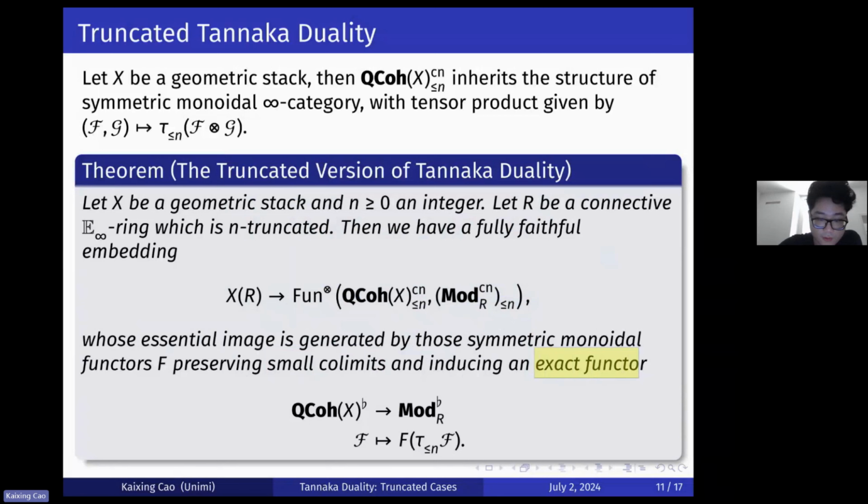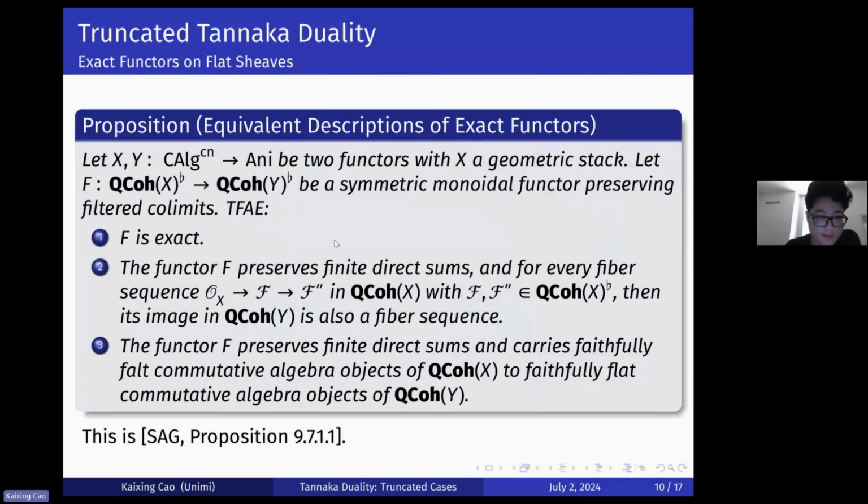When we restrict to the flat objects, firstly, we have a well-defined functor. It means that this functor carries the flat quasi-coherent sheaves on X to flat R modules. And we require this restriction to be exact in the sense of these equivalent conditions.